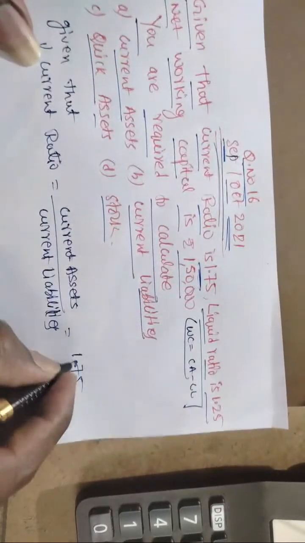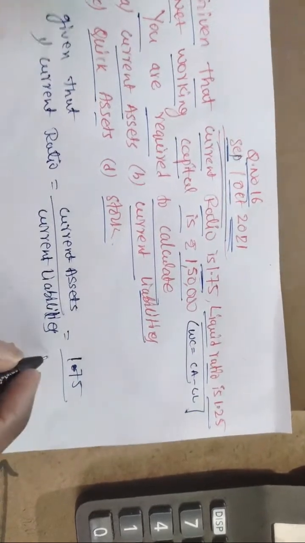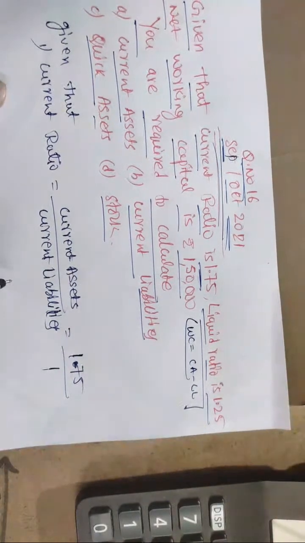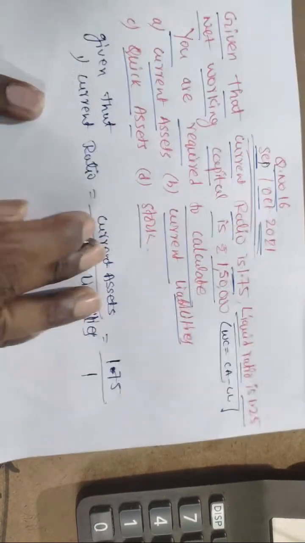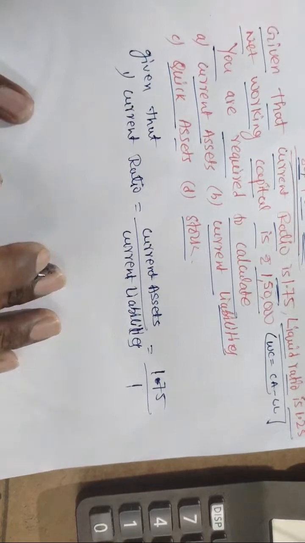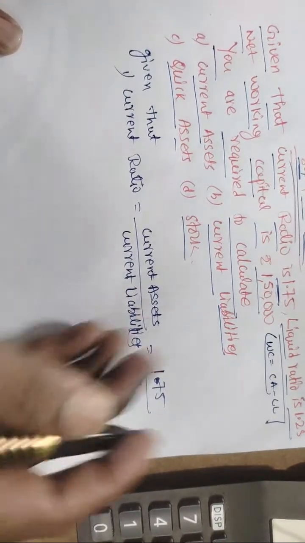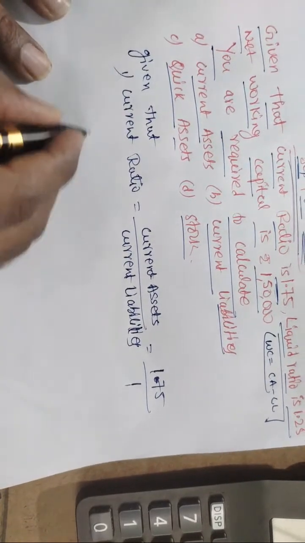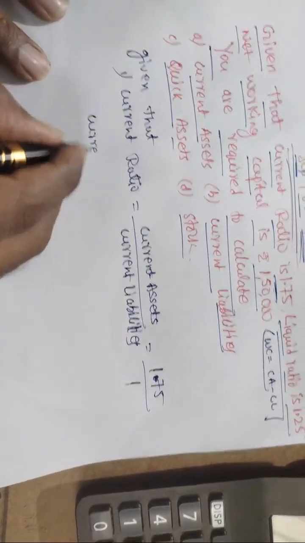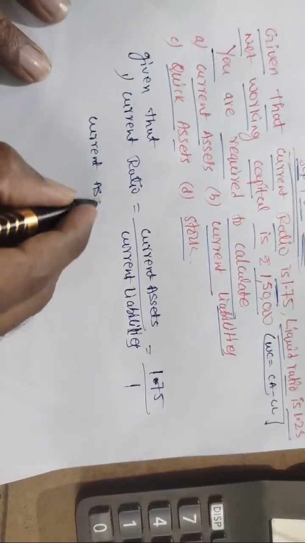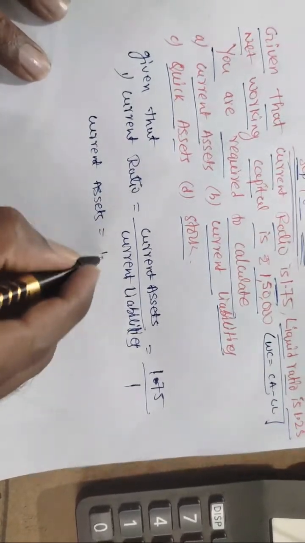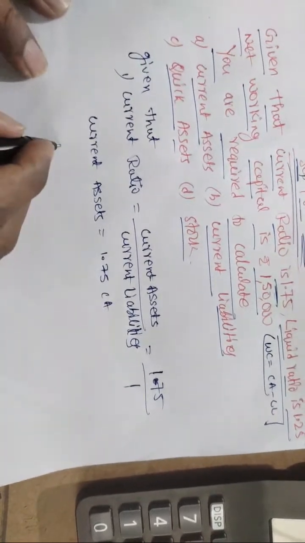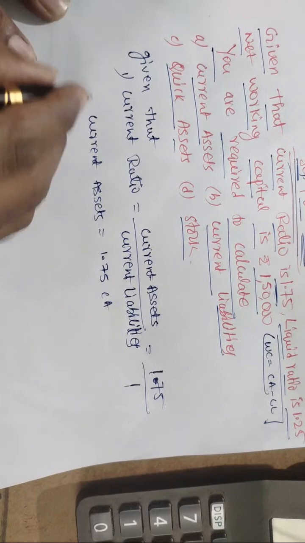They gave 1.75, which is 1.75 divided by 1. If nothing is there in the division, we can assume it as 1, right? So current assets equals 1.75 current liabilities. Total current assets.